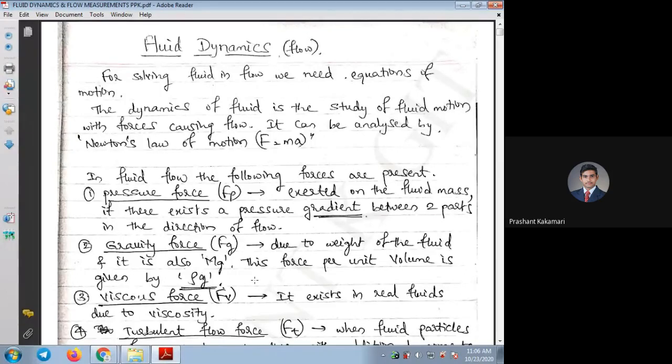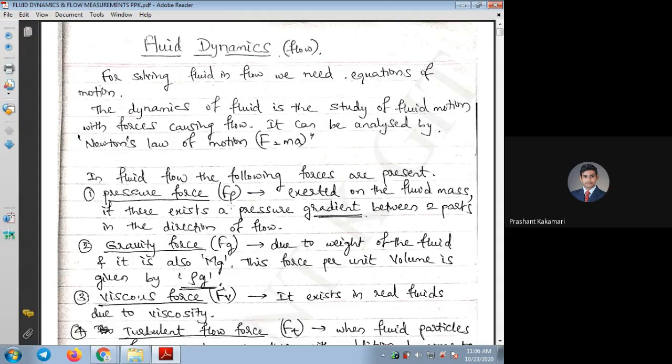So the fluids which are flowing with some viscosity, like water or any other oils, because of the interaction of fluids or the resistance between the fluids, the forces generated we call viscous forces. This exists in real fluids due to viscosity, and it is denoted by Fv.